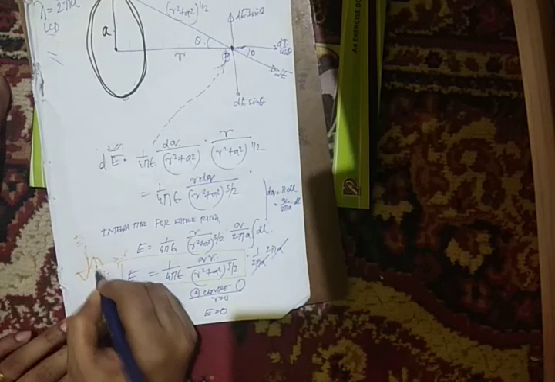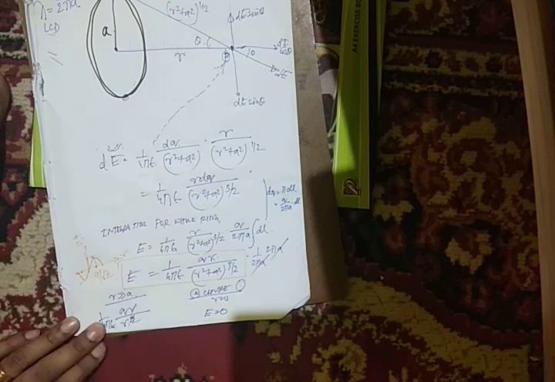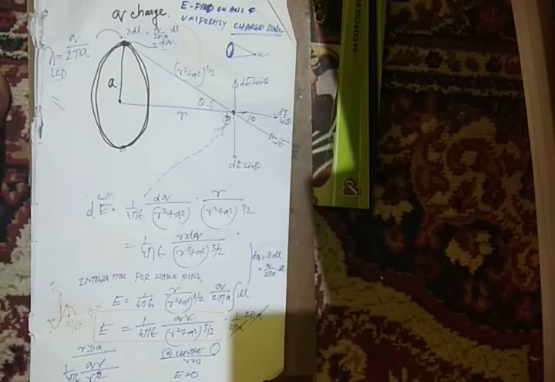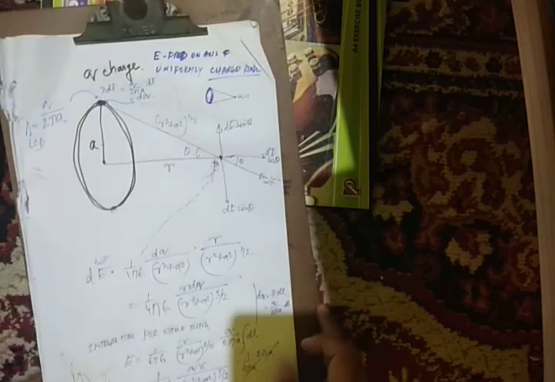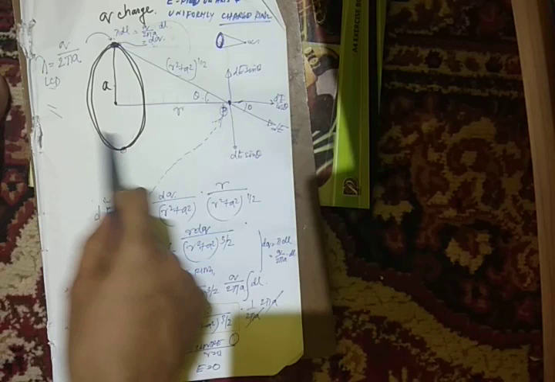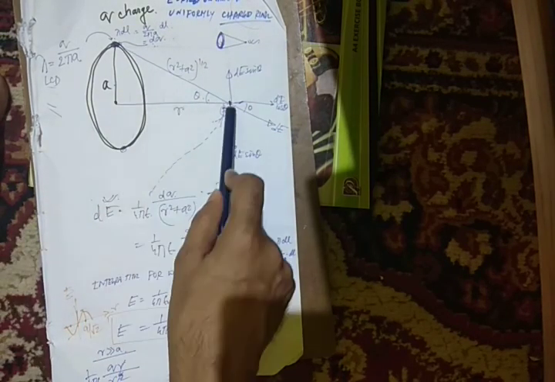At a distance a by root 2, the electric field obtains its highest value. So this is only for some extra knowledge. So already we have calculated the electric field for a uniformly charged ring at a distance r from its center.